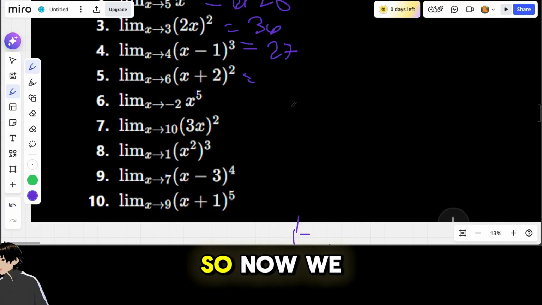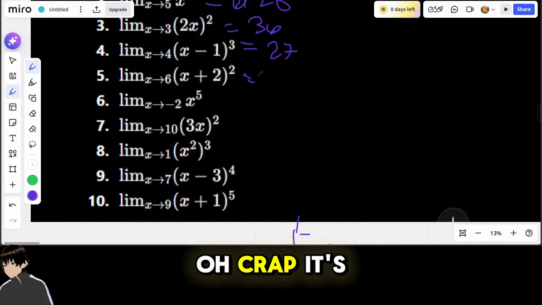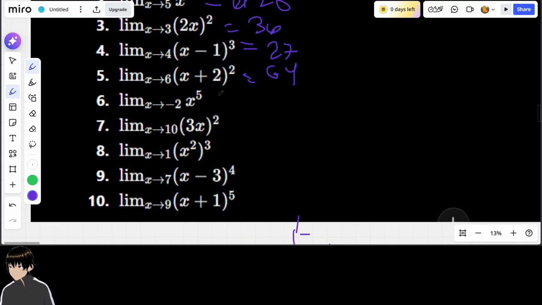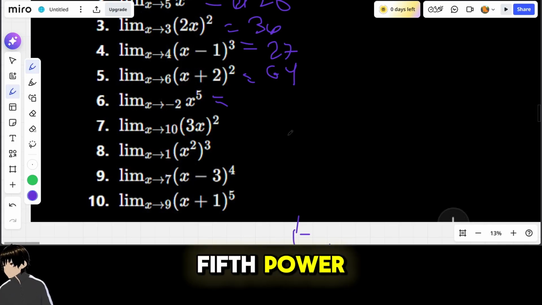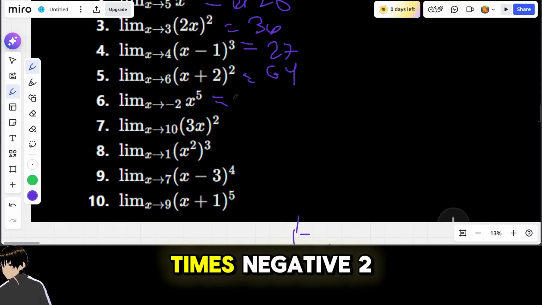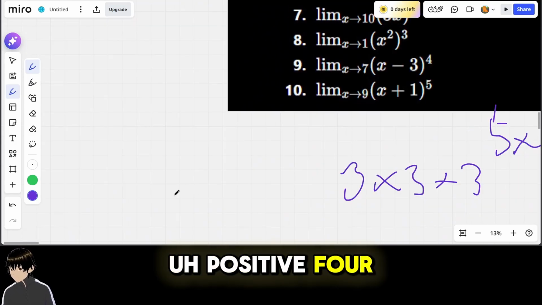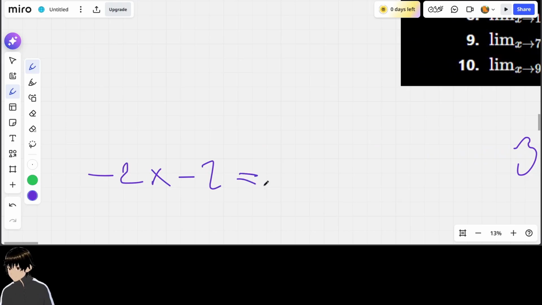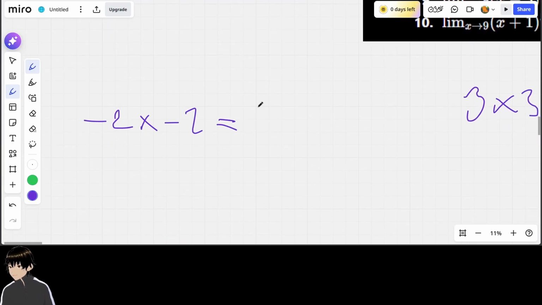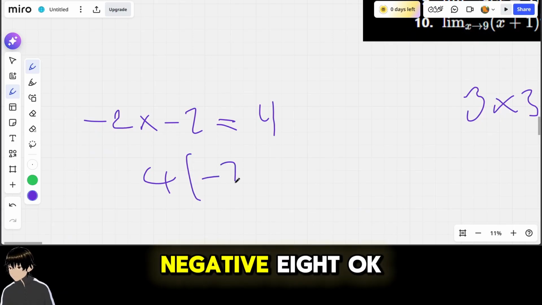So now we have this, negative 2. Oh, crap, it's actually going to be really bad. Yeah, negative 2 to the fifth power. So negative 2 times negative 2 is going to be positive 4. Positive 4 times negative 2 is going to be negative 8.